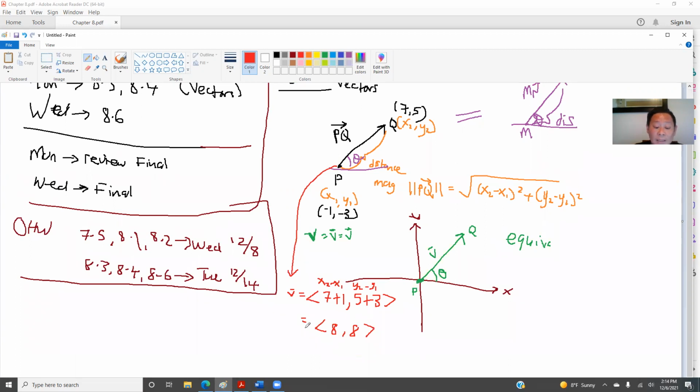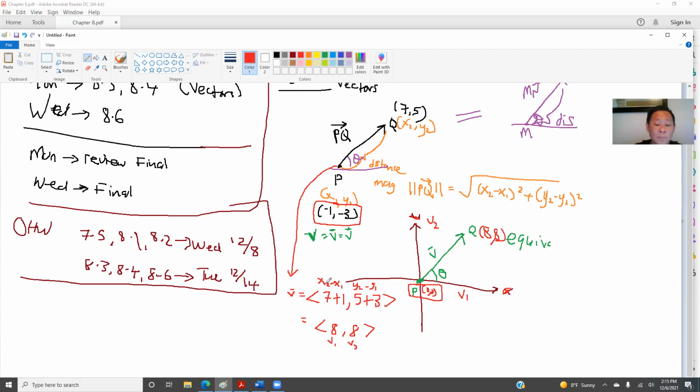Now this 8, 8, if you translate or move this P to 0, 0, then these coordinates will be 8, 8. This is what we call V1 and V2. We don't use X and Y; this is called the V1 line, and this is called the V2. So if your P is not at 0, 0, we can make PQ an equivalent vector in standard form, starting at 0, 0. How do we do this?